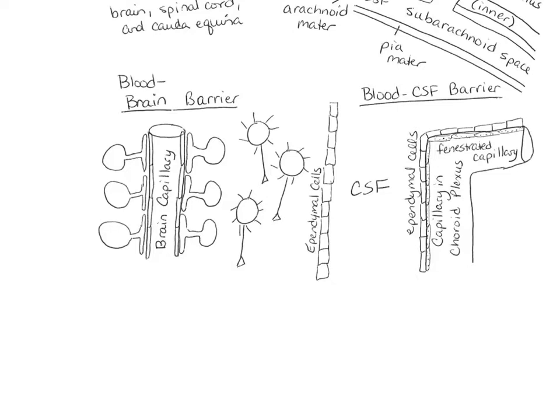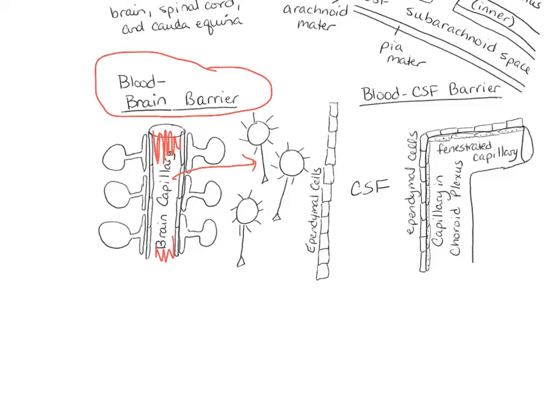The first barrier is called the blood-brain barrier, and that's a barrier between the brain capillaries in here and the neurons. Because you don't want a lot of toxins or drugs from the blood to get into where those neurons are and attack those neurons. We don't want that. So there's this blood-brain barrier.